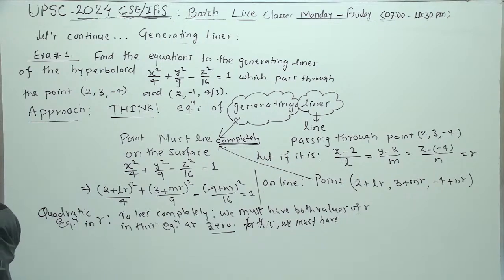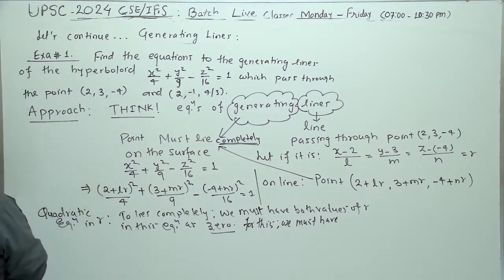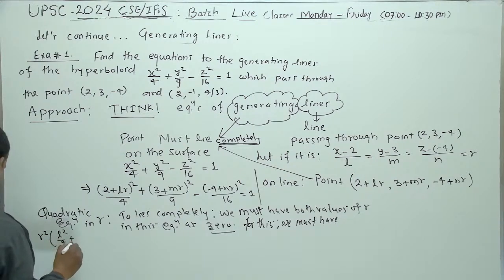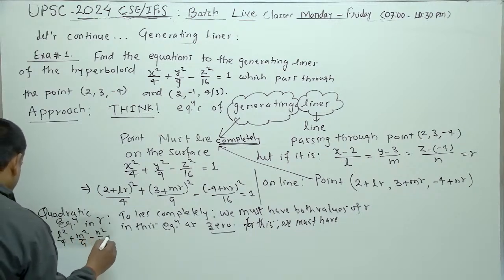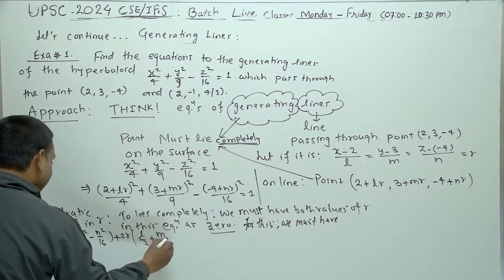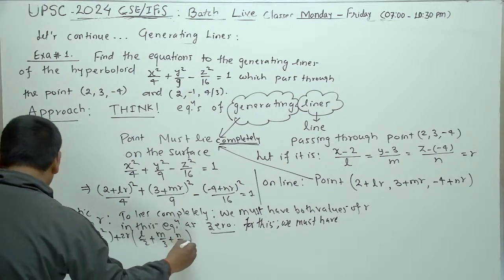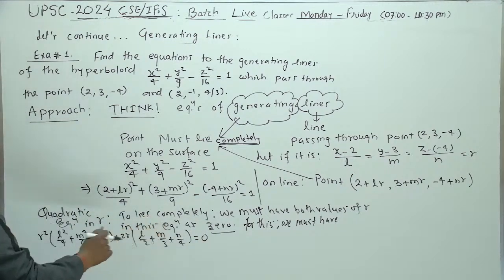Is everything visible ना? चलिए, हाँ fair है. So अभी देख लीजिए from here quadratic equation का जो रूल मुझे मिल रहा है, r square we are getting l square upon 4, m square upon 9, minus n square upon 16. This we have been doing from childhood, right? Sorry.